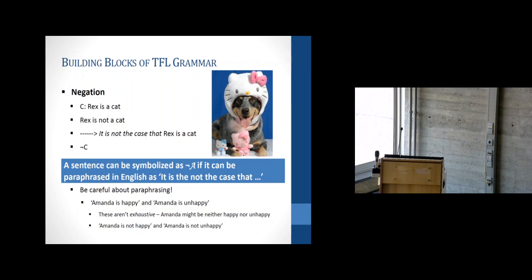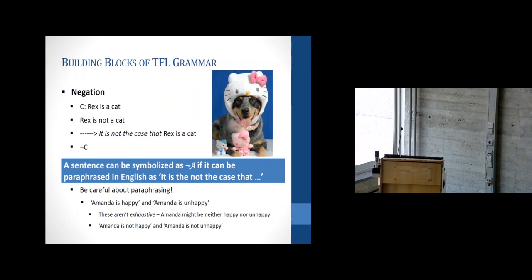Note that in English, Amanda is happy. How would you negate it? You might think Amanda is unhappy. But this is not exactly right, because being happy and unhappy are not exhaustive in the sense that you can be just asleep or something, in which you're not happy and you're not unhappy.